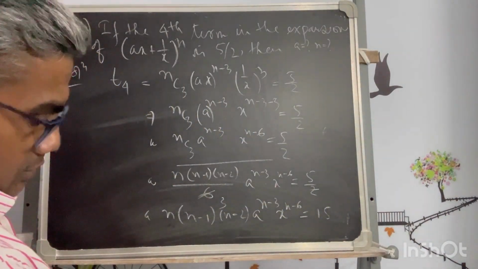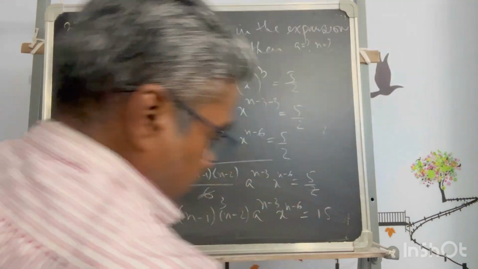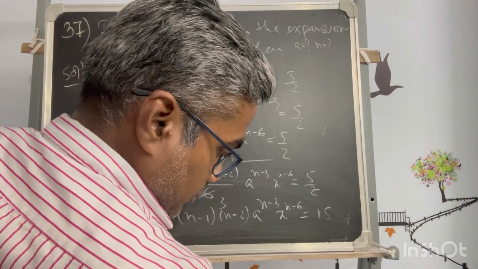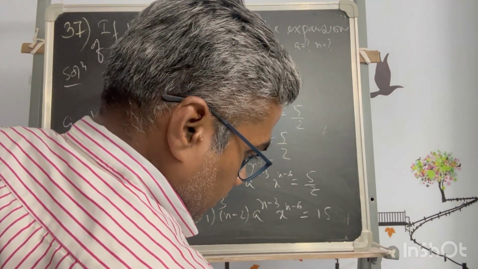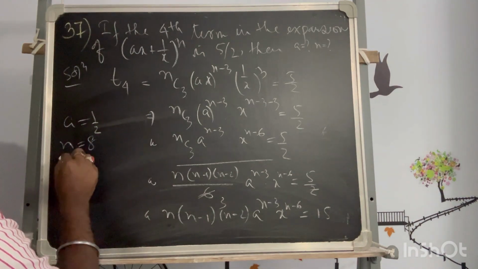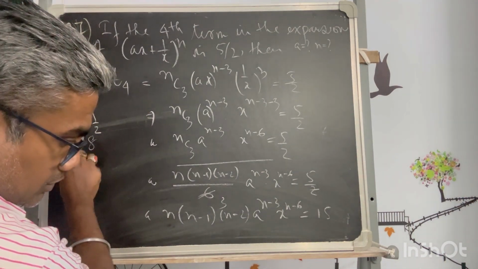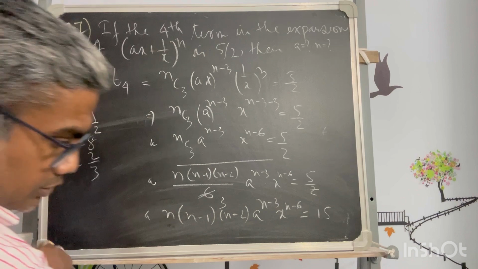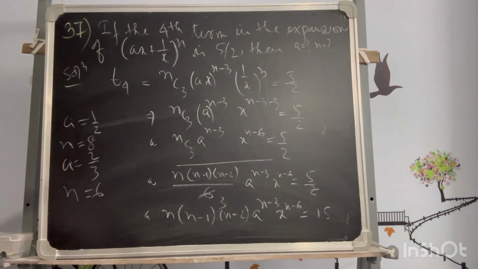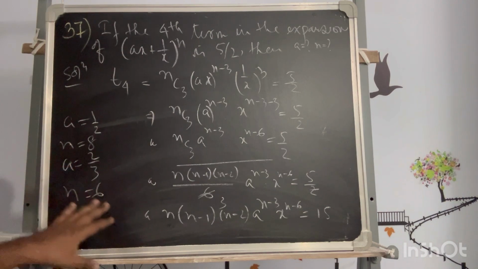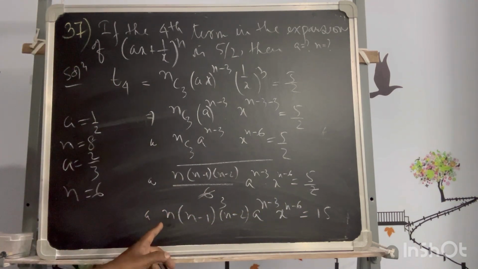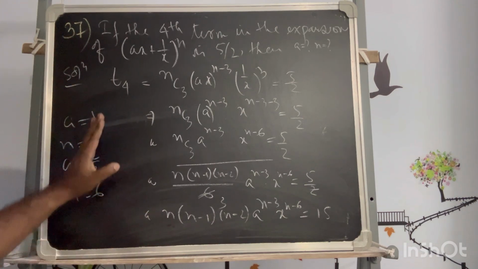If the option is given as a is equal to half, n is equal to 8, or option 2 by 3, or n is equal to 6. Out of this, multiple options can be true. So now there is no other choice for me but to adopt the choices.